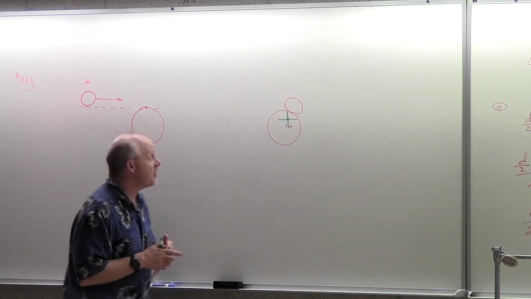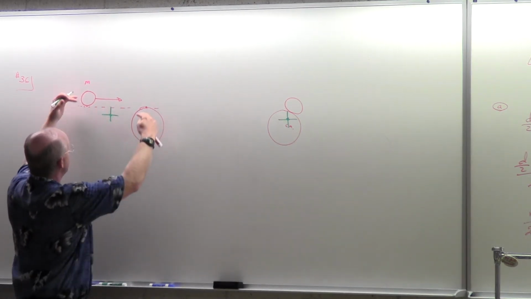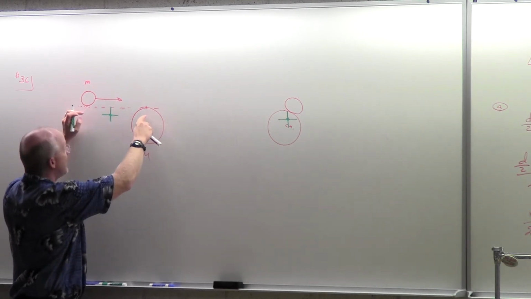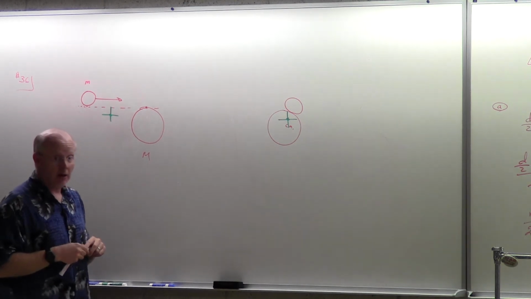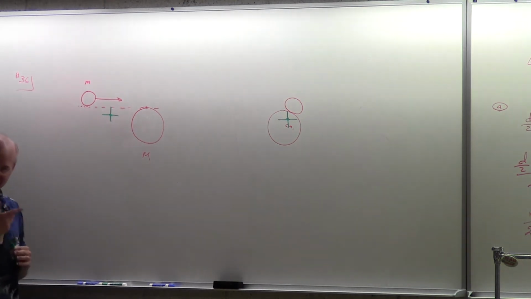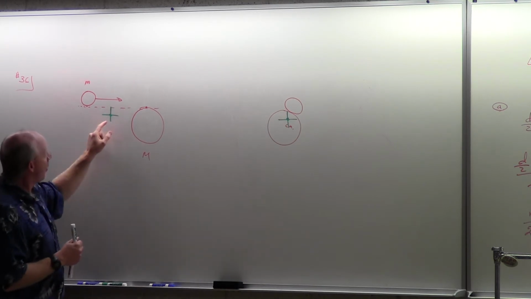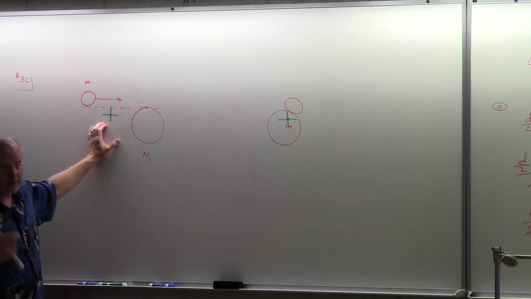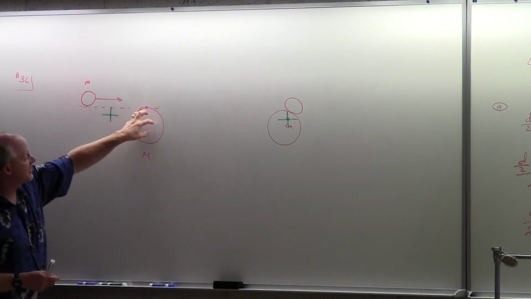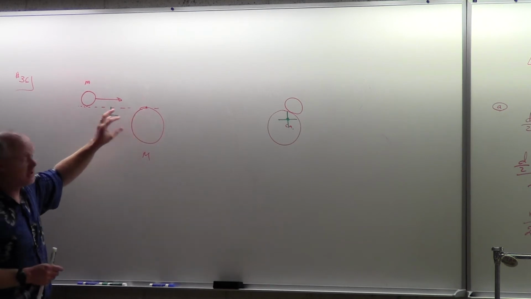So do the same thing here, where the center of mass is a little bit inside of the bigger one. Well, now you have to go back to chapter 9 and do a center of mass calculation, right? I mean, figure out where this center of mass is, which is, like I said, why I think it's a hard problem here, which is why you've got to know the size of this compared to the size of this, so you know how much bigger this mass is compared to that.